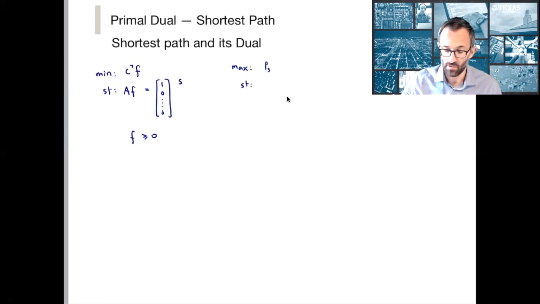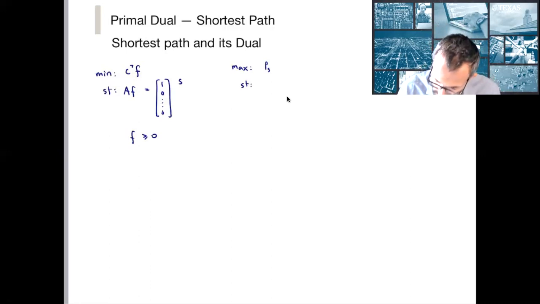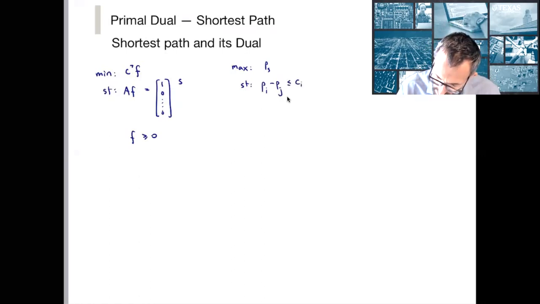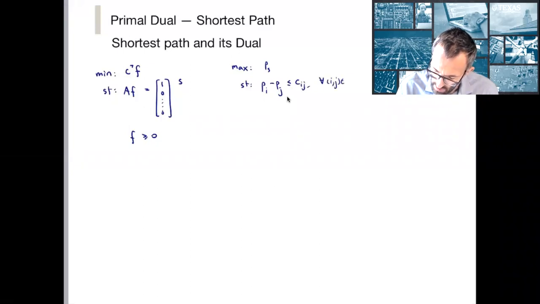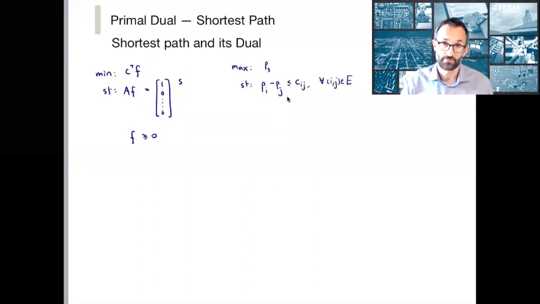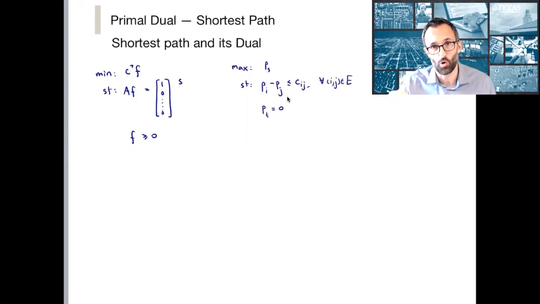So P transpose a column of A is just going to equal Pi minus Pj. So it has a particularly nice format: less than or equal to Cij, and this is true for every edge ij. I also have to ask for Pt to equal 0. This is for that row that I eliminated. And other than that, P is free.